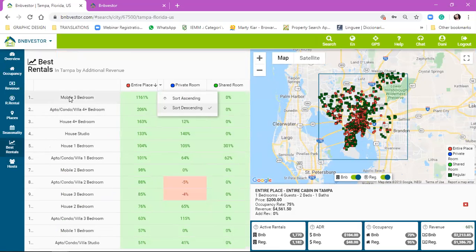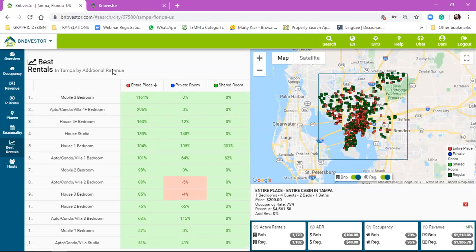So for example, over here, a mobile home of 3 bedrooms is going to give you 1,161% of additional revenue. I would consider something more realistic, like an apartment, condo, or villa of 4 bedrooms or more, that will give you 206% additional revenue. It means that these are the ones that have the most demand in this area.